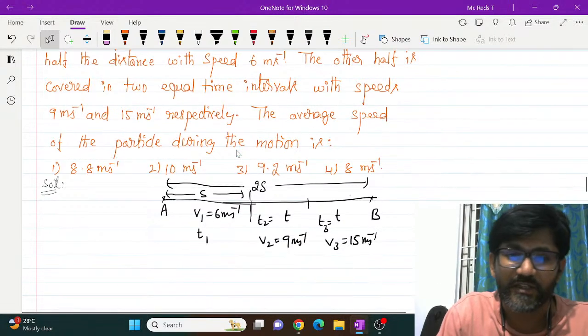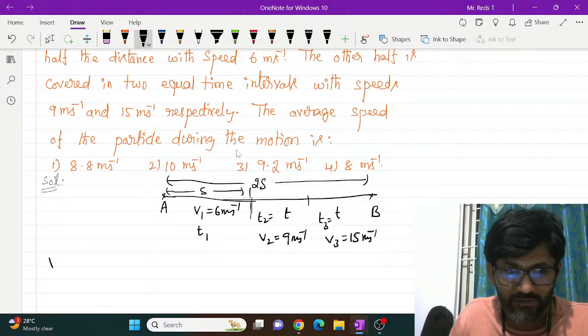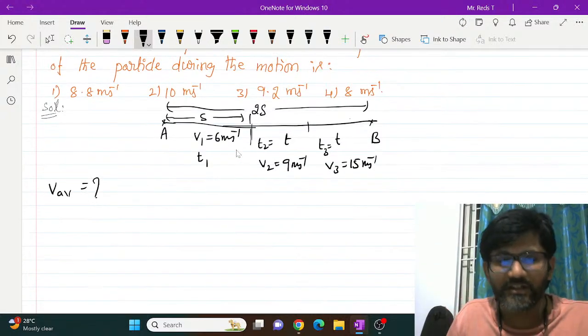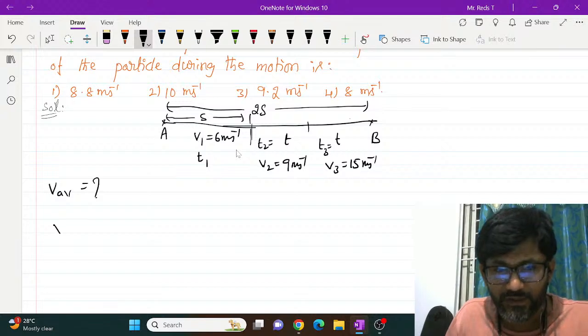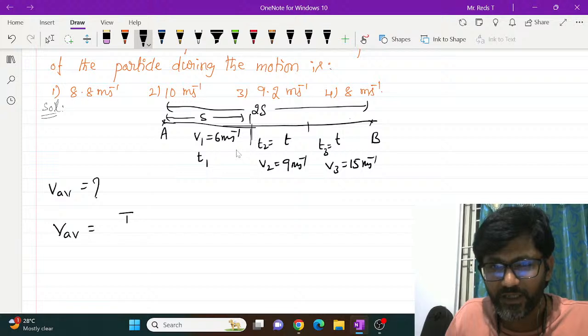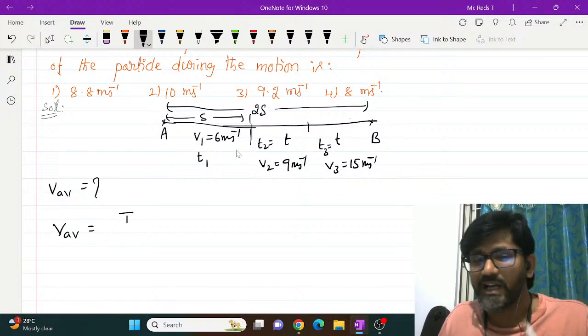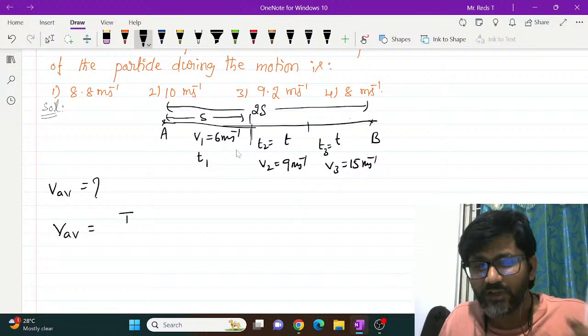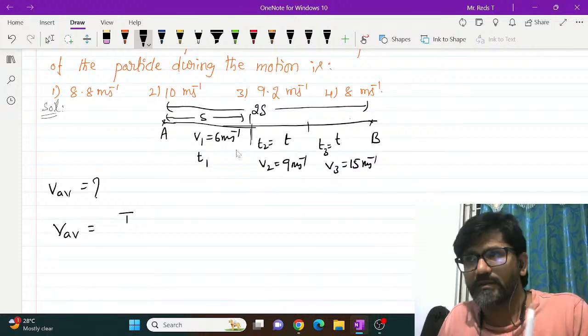Then the average speed of the particle is, average speed. Write down what is average speed. So immediately you have to write the general formula for average speed. You know that v average is always equal to total distance by total time. Average velocity means total displacement by total time. Velocity is a vector related parameter, so you have to use displacement by time.